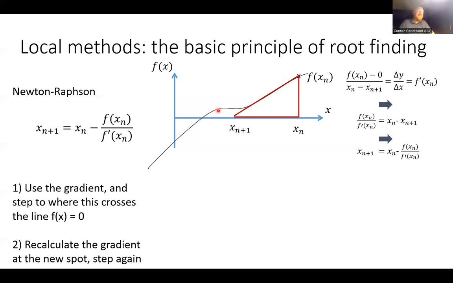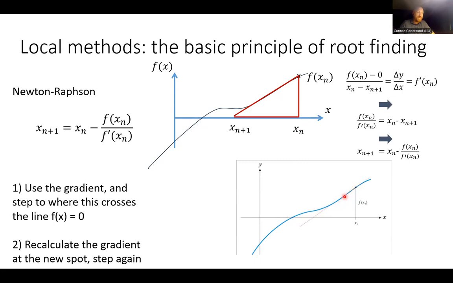But if we just make this a little bit nicer, so let's bend it up a little bit and then see how this evolves. Then we will simply see that it starts here. We calculate the derivative. We go here, recalculate the derivative. We end up here. We recalculate the derivative here. And here you see that now we are approaching the optimum very, very fast.